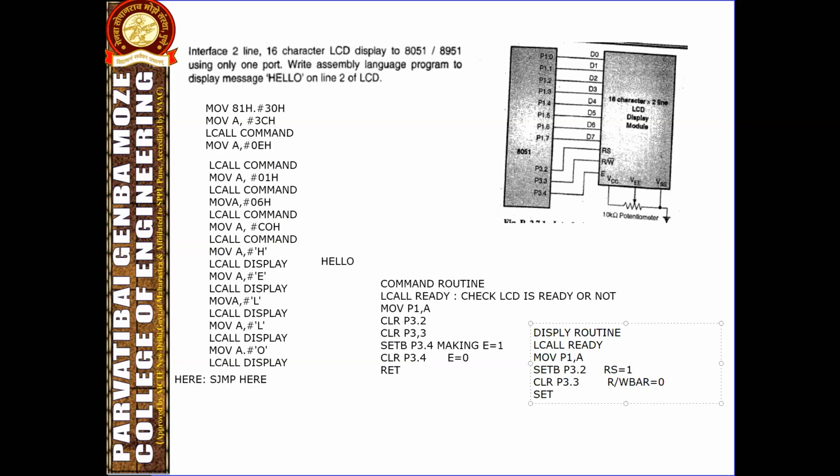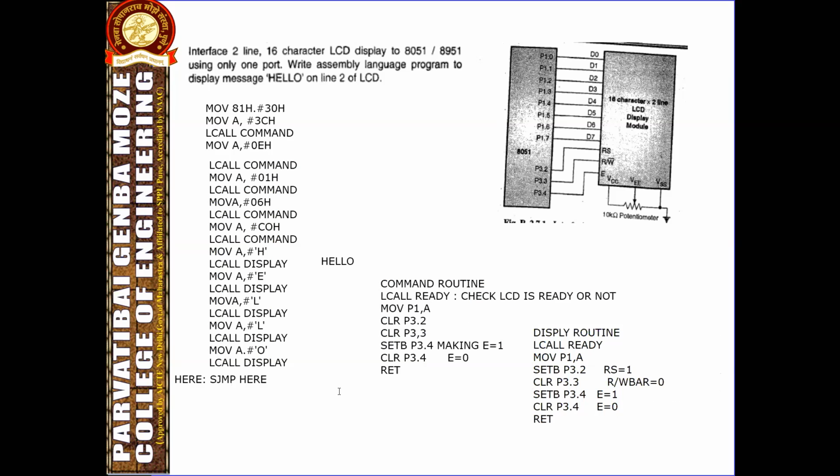Then set bit P3.4, enable equal to 1, and after that clear this bit. After performing the operation, we have to wait some time, and then clear this equal to 0. Then we have to return. This is the code for the display subroutine.